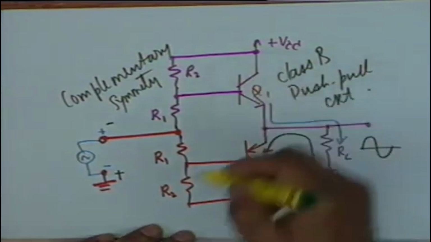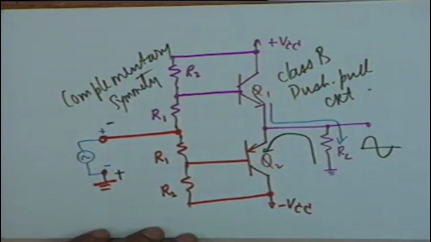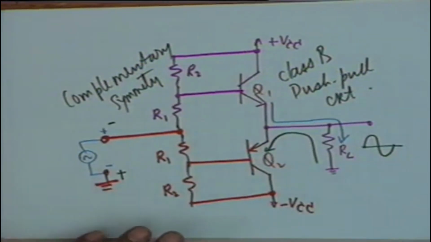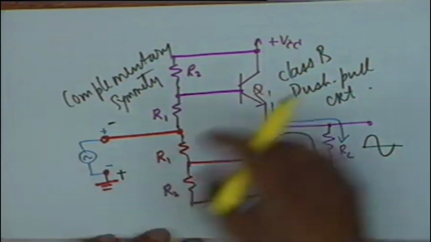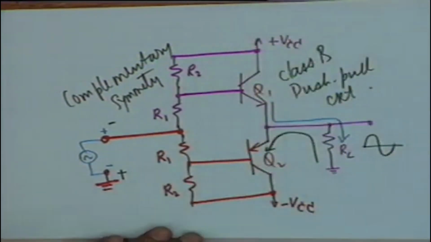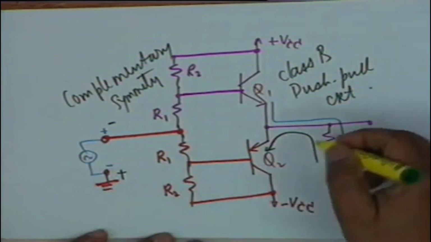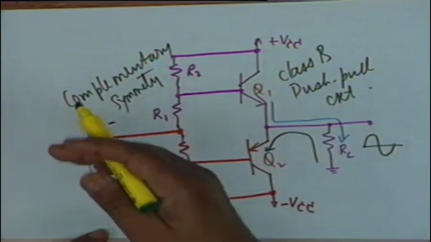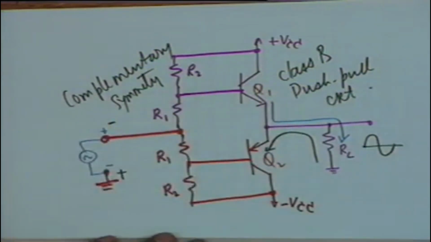The complementary symmetry required, you wanted to avoid transformers, right? And therefore the collectors have now been declared as dead, they are connected to ground. Collectors. You take the output across the emitter, and this is why I had to introduce the emitter follower circuit. Alright. This, as I said, is the most popular circuit.